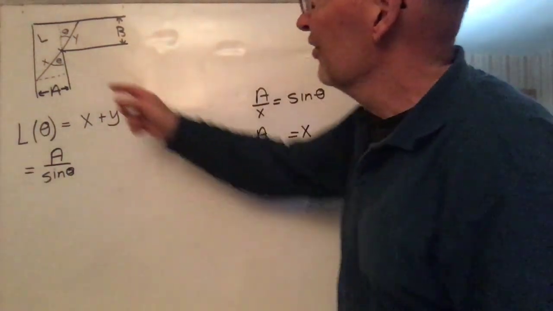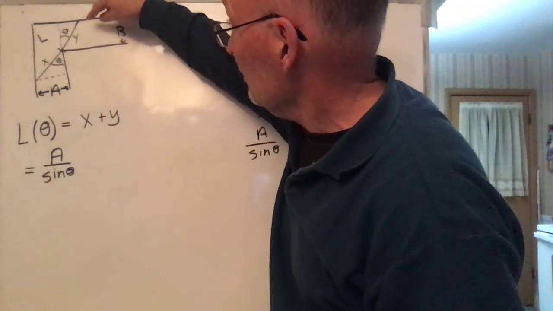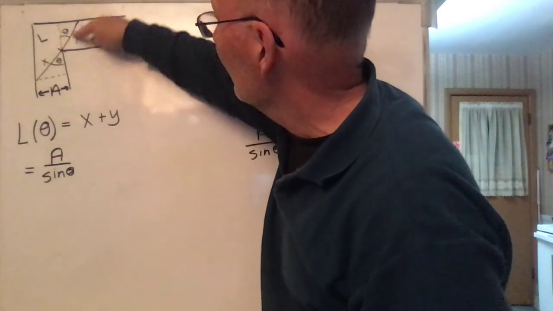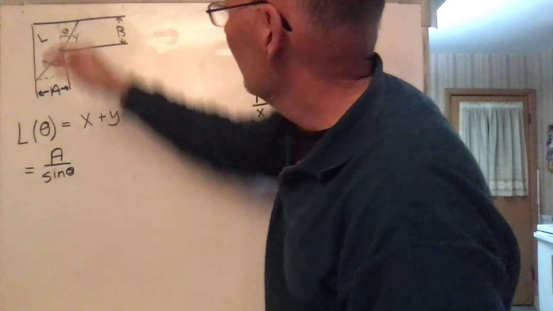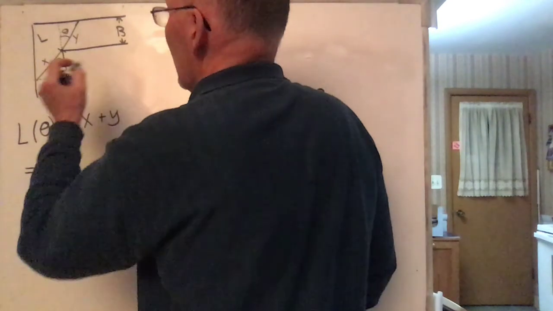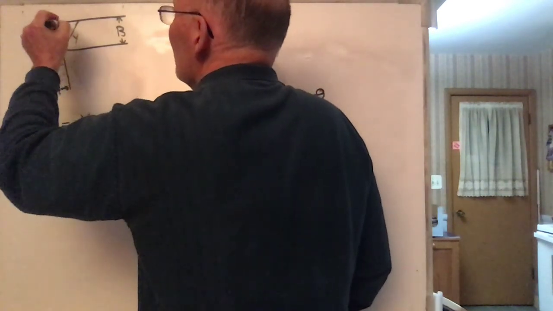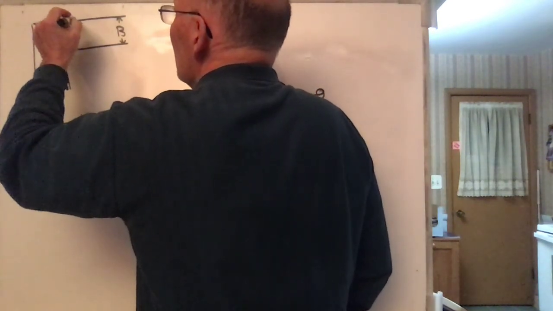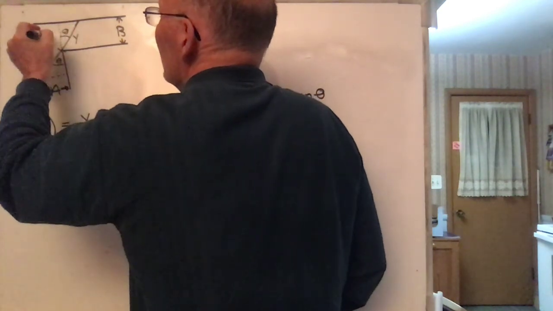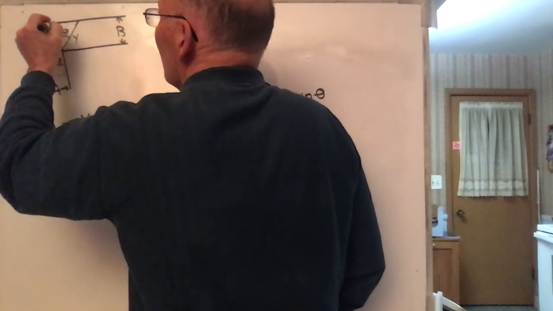Okay? And similarly, what about y? Y is this distance right here. And b is this distance right here, from there to there.